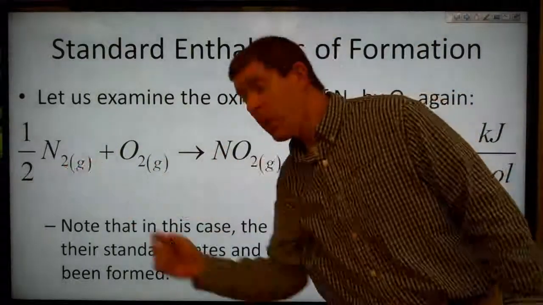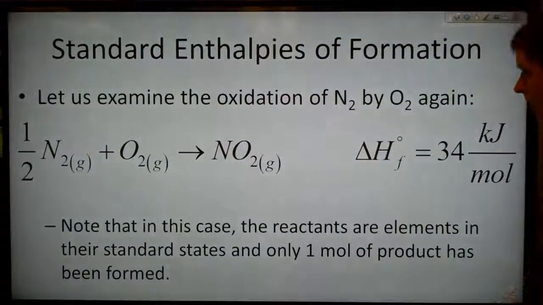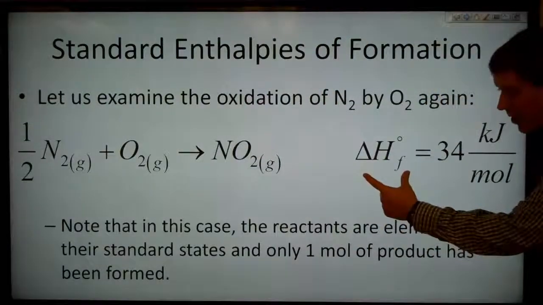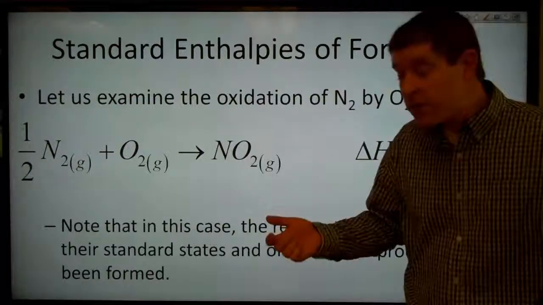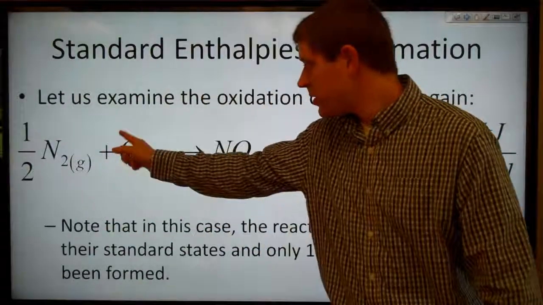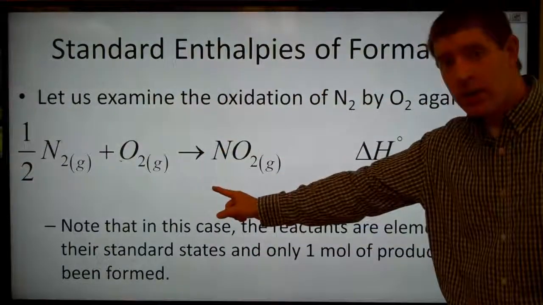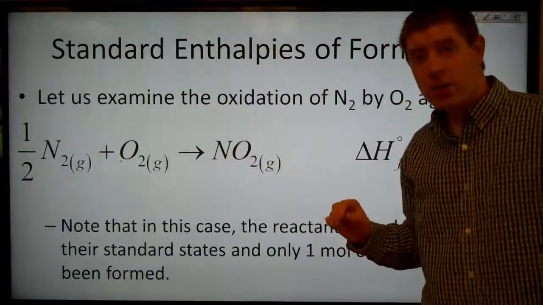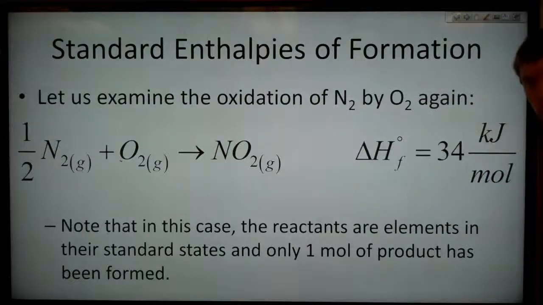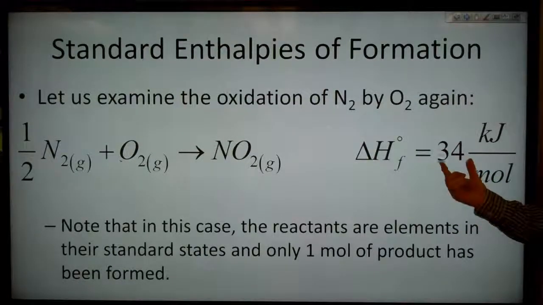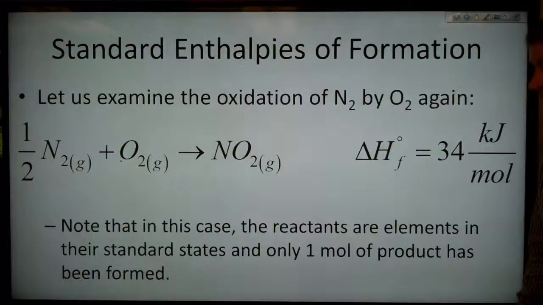So here delta HF naught is equal to 34 kilojoules per mole. Note that in the last video, I had a 1 here, a 2 there, and a 2 here. I basically doubled all of those, and so we needed to double the enthalpy. It was 68 kilojoules.